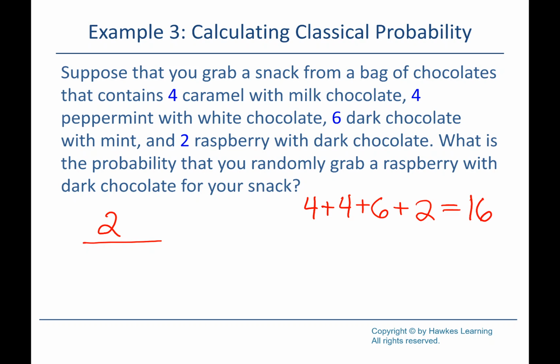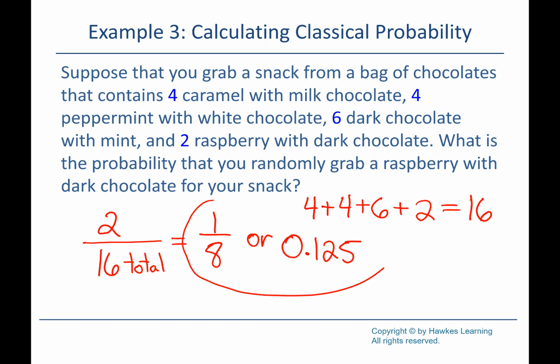So yeah, 16. So 2 out of 16. We could call that 1 out of 8, or that's 0.125. So 2 out of 16 is correct, it's just not in simplest terms.